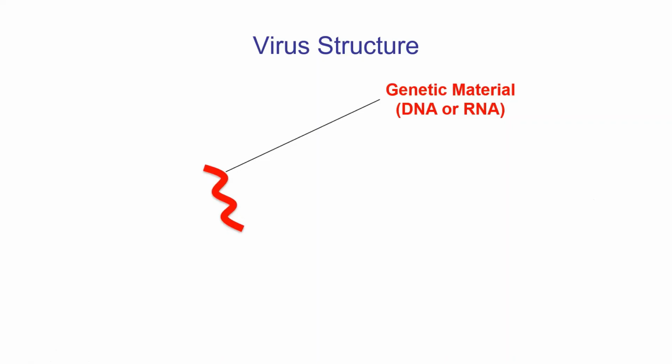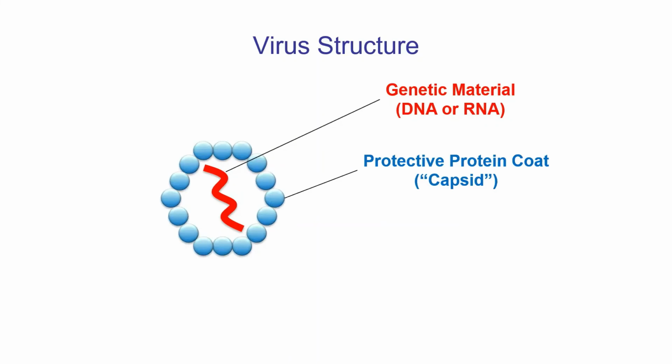And the interesting thing about viruses is that the DNA could be double-stranded or single-stranded. The RNA also could be double-stranded or single-stranded, which is kind of weird because we don't see that kind of variety in what's going on with nucleic acids otherwise. So there's our protein coat. And our protein coat has a special name, and it is called the capsid.